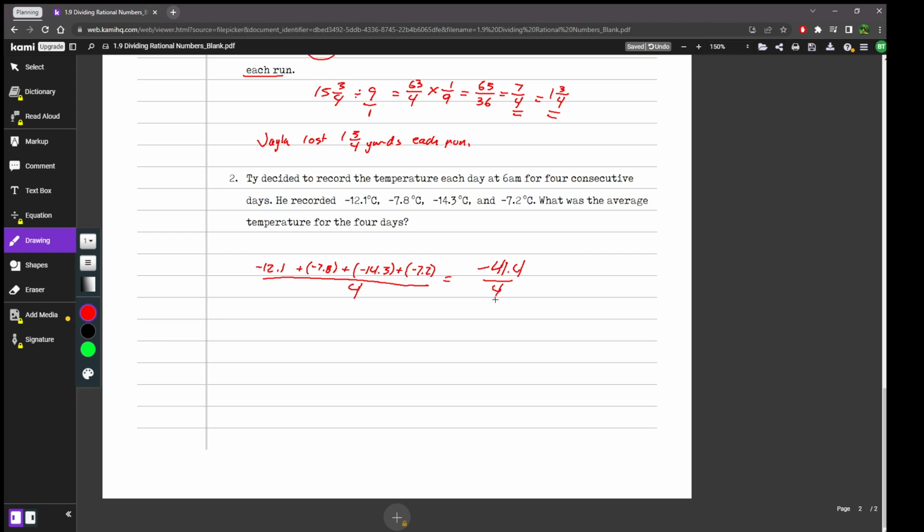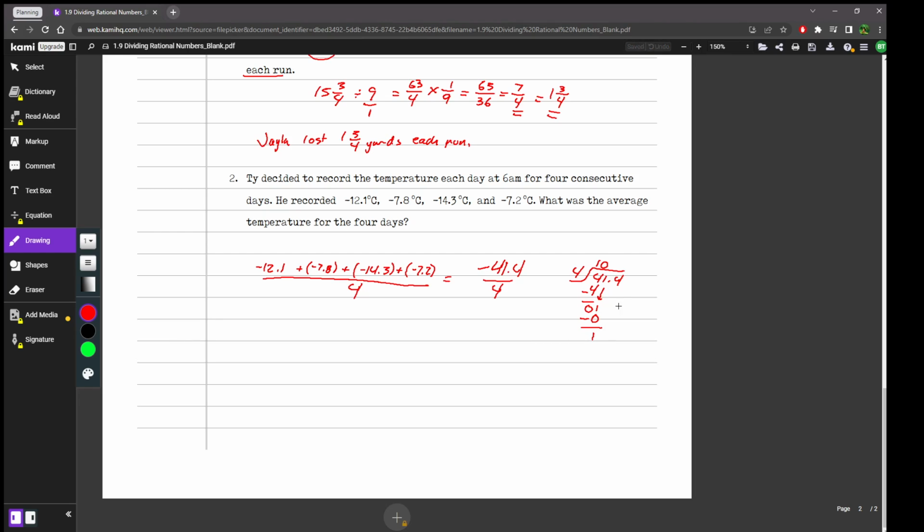Well, we don't have 2 decimal places, so we don't need to get rid of this decimal. We can actually just do this as a regular division problem. We can do our 41.4. Well, 4 goes into 4 one time. 1 times 4 is 4. We subtract them, we end up with 0. We bring down a 1. 4 goes into 1 0 times. 0 times 4 is 0.